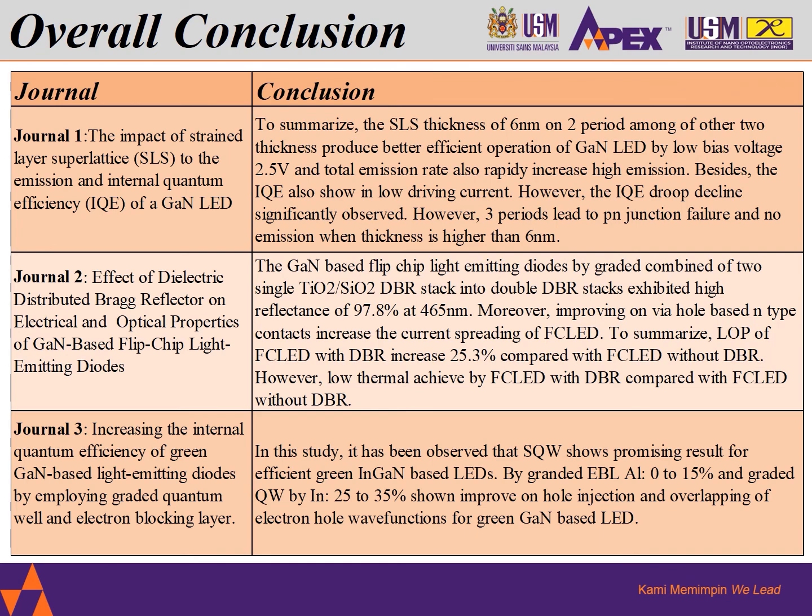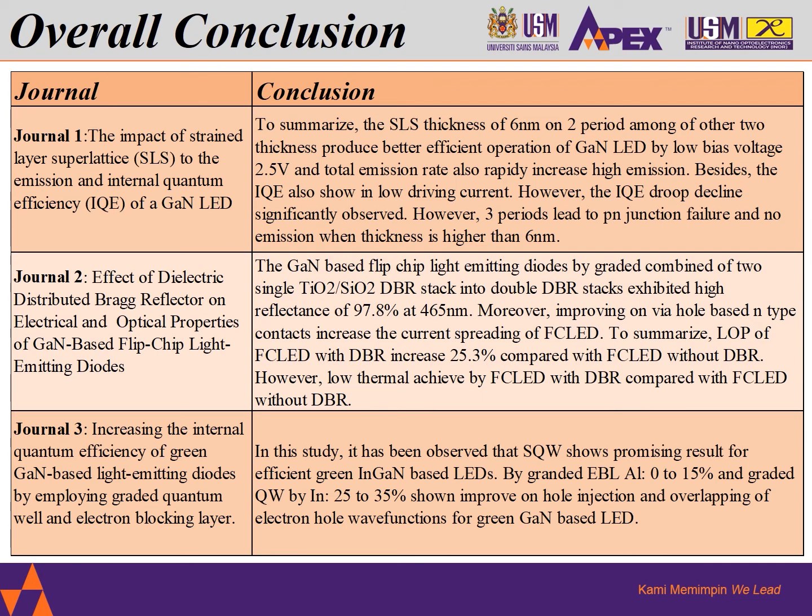As for the second journal, the DBR, the GaN-based flip-chip light-emitting diode combining two single TiO2 and SiO2 DBR stacked into a double DBR exhibits high reflectance of 97.8% at 465 nanometer.